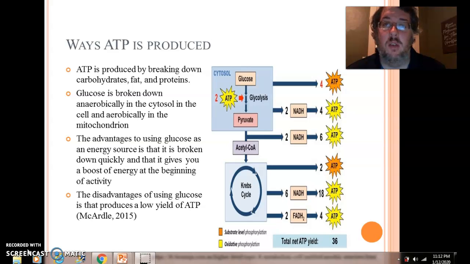After it encounters acetyl CoA, it enters the Krebs cycle or citric acid cycle, where it encounters more NADH and FADH2. When you put all these together, the breakdown of glucose produces 36 molecules of ATP for each molecule of glucose.